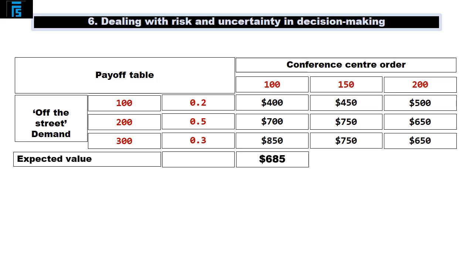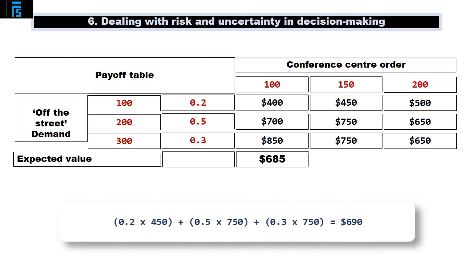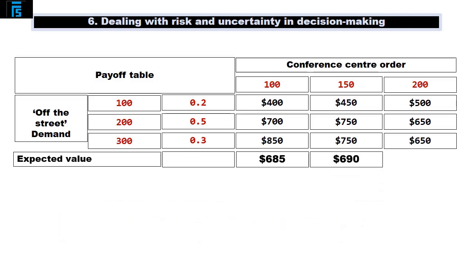If Jack signs up to supply 150 sandwiches to the conference centre, on average he can expect to earn 0.2 times 450 plus 0.5 times 750 plus 0.3 times 750 is $690.